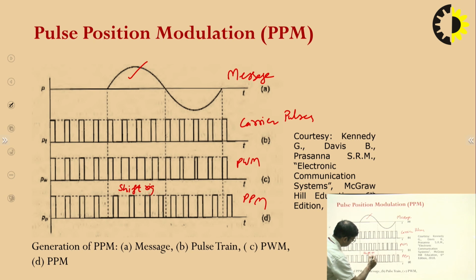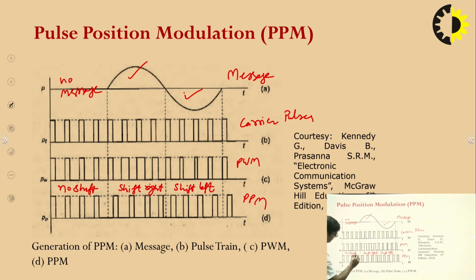Shift right. And when the amplitude is negative, the position of the pulse shifts left. And when there is no message, then there is no shift in position.